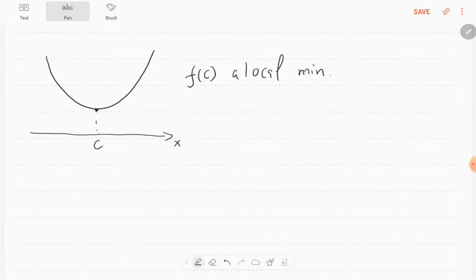Since this curve is concave up near c, when x is near c, the curve is concave up. So that means the second derivative at c should be greater than 0. Right?